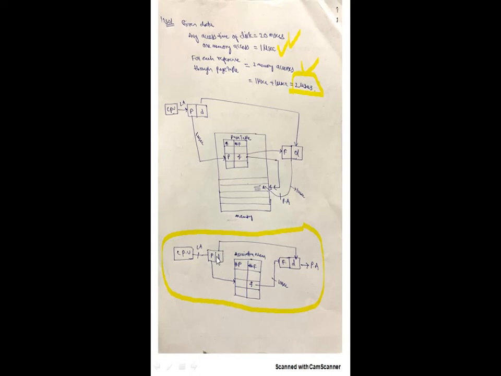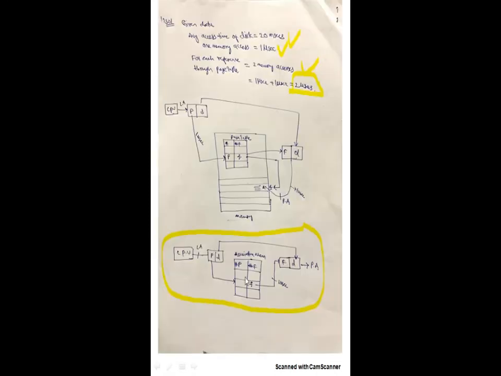Now this is the TLB, associative memory, what we have just discussed. Here directly you have the address of the page in the form of the frame where it is in the main memory. So it will take only one memory reference.